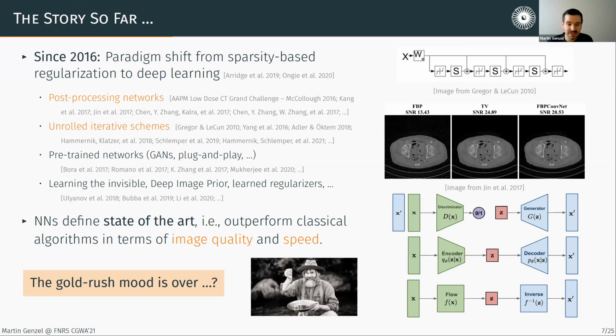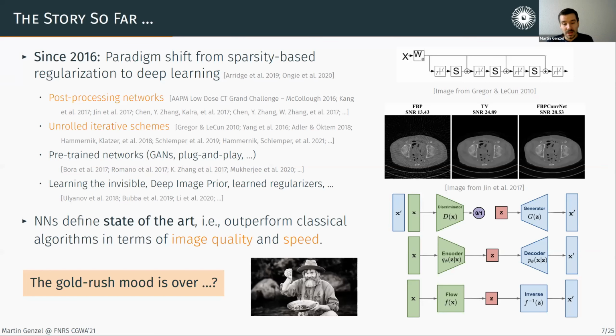I would say in some sense that might be true, because right now, architecture-wise, the field is in a very mature state, and it's quite hard to contribute with new, very innovative architectures. But, and this is what I will also focus on in this talk, I think there are still many interesting questions open, in particular when it comes to the foundations of solving inverse problems with deep learning.